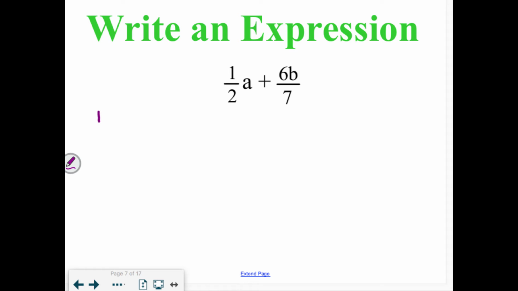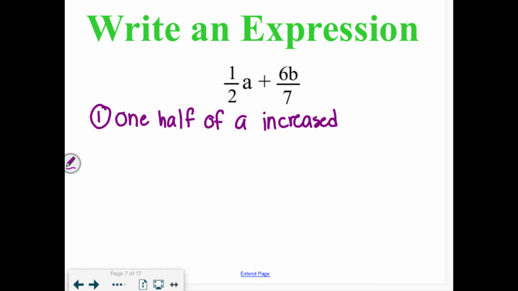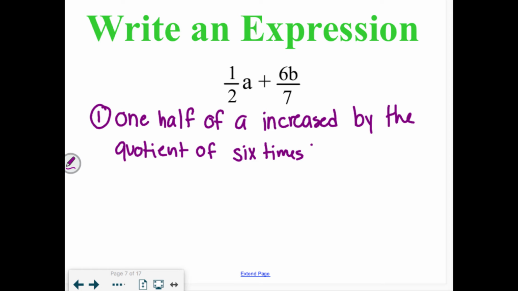So for example, I could say one half of A increased by the quotient of six times B and seven.